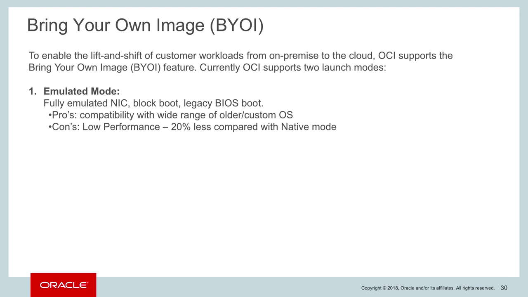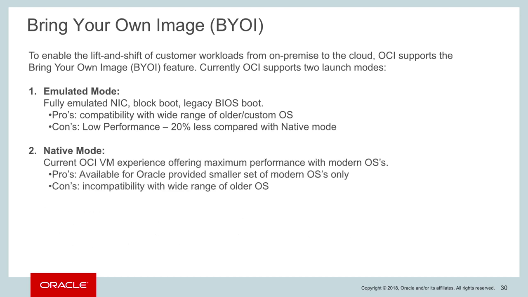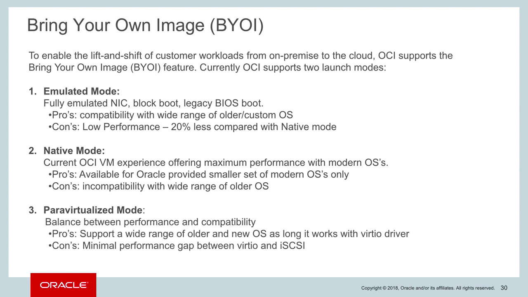You can choose an emulated mode, a native mode, or a para-virtualized mode. It really depends on your image that was built on premises, and what kind of virtualization or hypervisor or hardware you have on premises. So you can choose one of the three options when moving those images over to OCI.